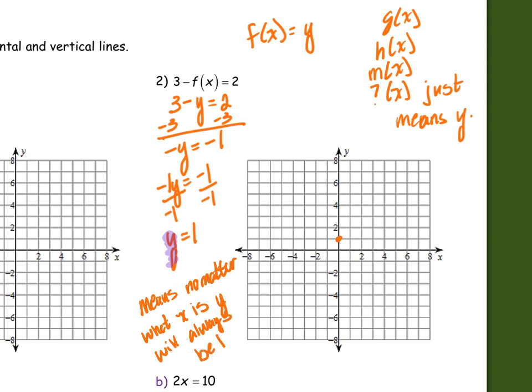So if x is 8, y is 1. Good. If x is -1, y is 1. Okay, always 1. So that means my graph is going to look like this.